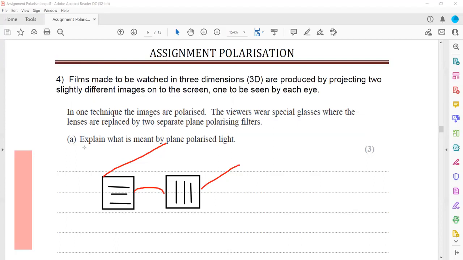When they project two different images using a projector, they strike the screen and then bounce back and enter our eye. But how do they project these two different images so that we are able to see this 3D effect?